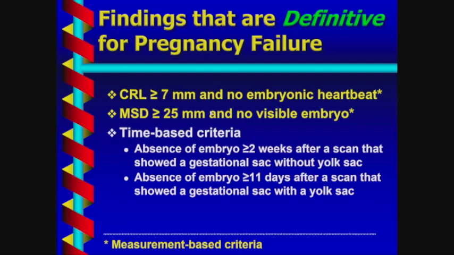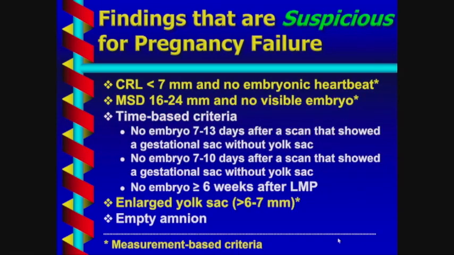I'll focus on the next several slides, very briefly, on the measurement criteria: crown rump length 7 millimeters or greater and no embryonic heartbeat, or a mean sac diameter of 25 millimeters and no visible embryo, are measurement criteria definitive for pregnancy failure.